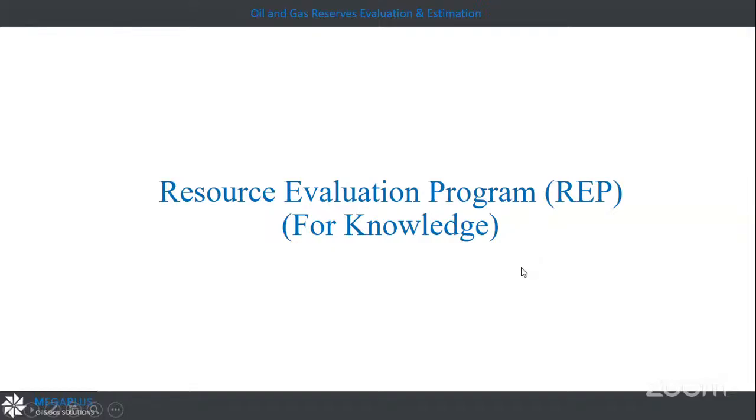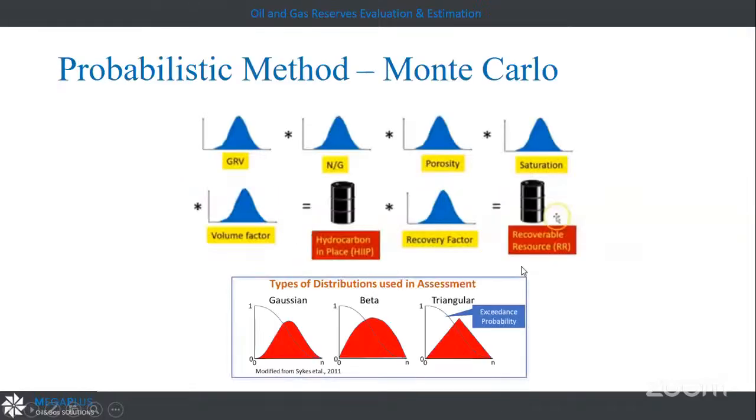Before we go to software like REP, which is most popular in the oil and gas industry, we have to mention what Monte Carlo is. This is the most popular way used in the probabilistic method. Monte Carlo is simple: it is a random approach.